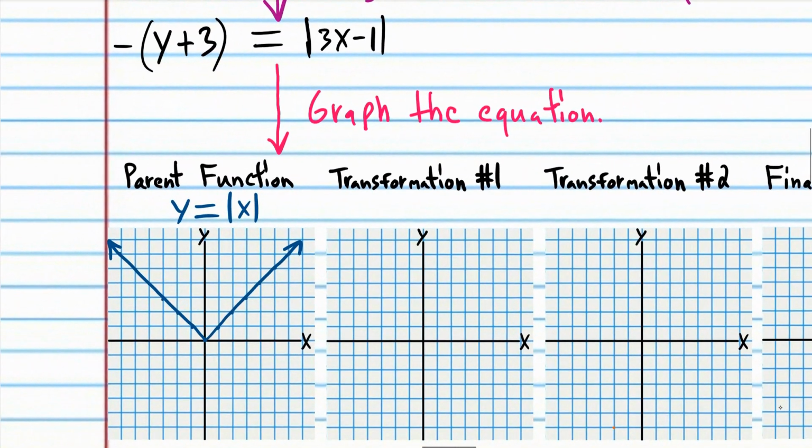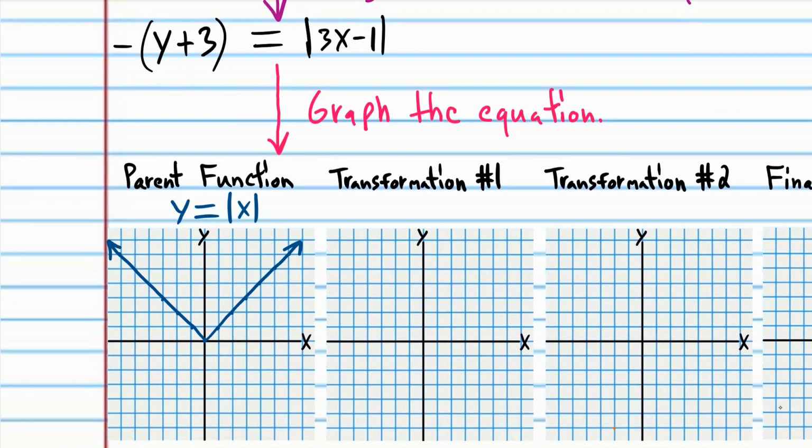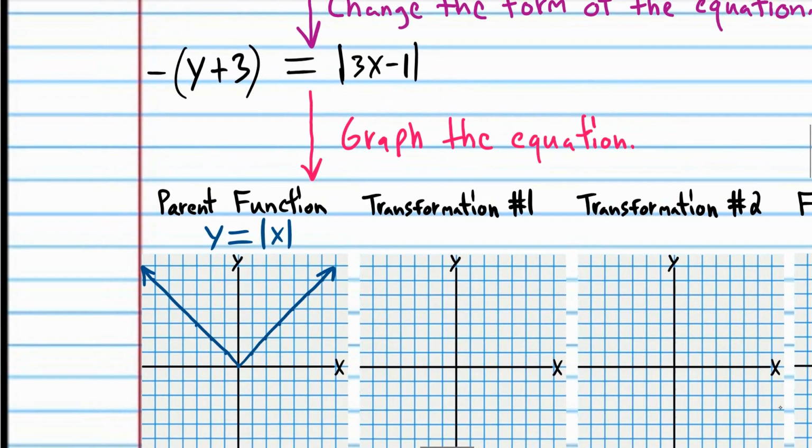So now we need to reflect first. And the reason for that is that if we translate first, add 3 to y, then we'll have to put a negative in front of y plus 3. Well, the transformation properties don't tell us what to do in that situation. We could figure it out, but the transformation properties don't directly tell us.